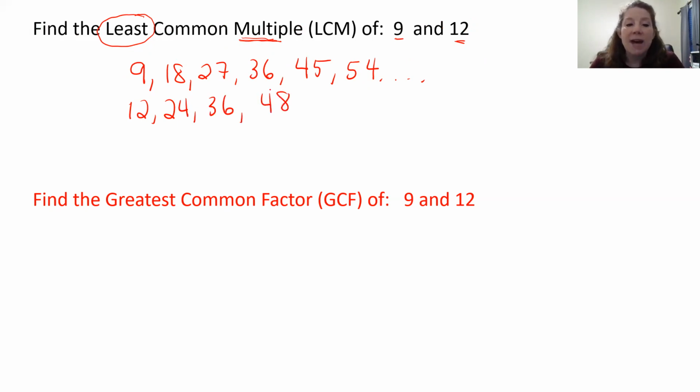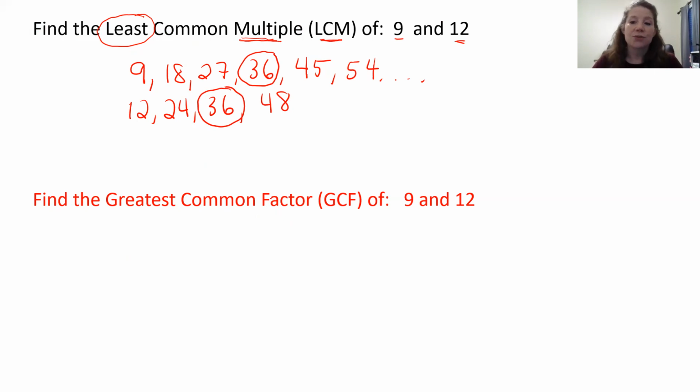As soon as I find a multiple, the smallest number that they both have in common, then I have just found the least common multiple. They're going to have more than one multiple in common, but we were looking for the smallest multiple they have in common.